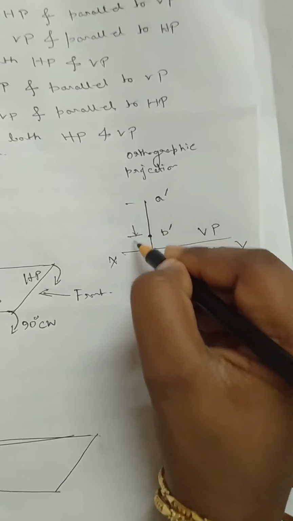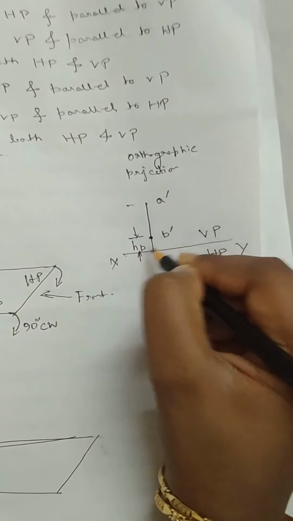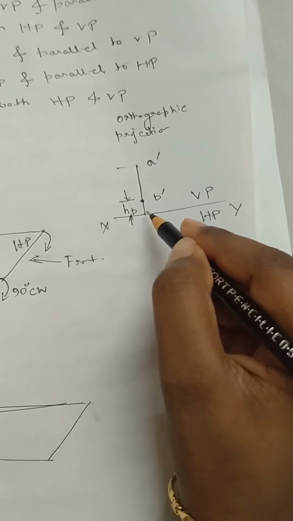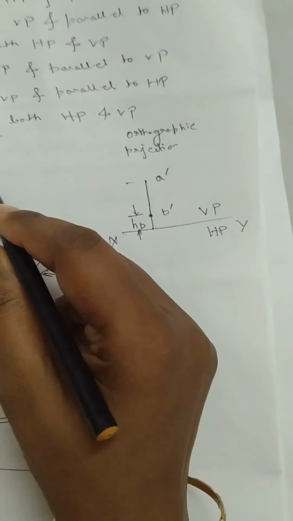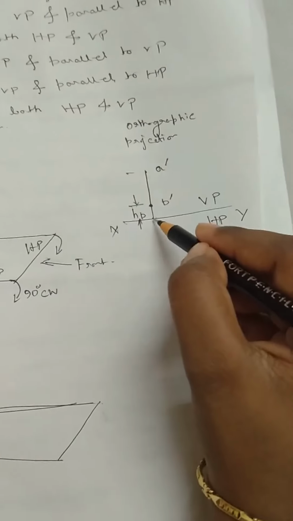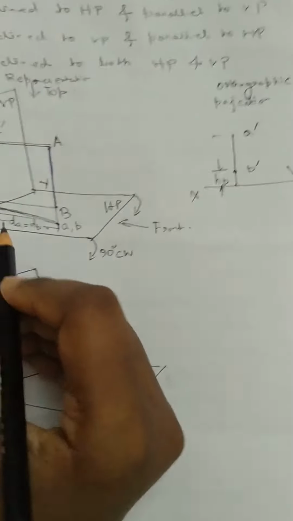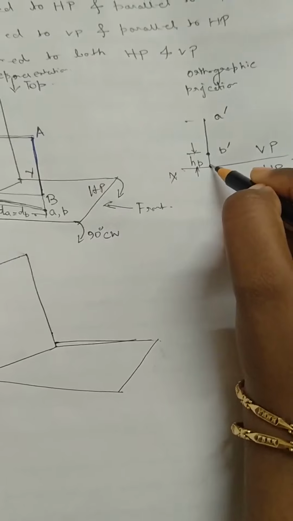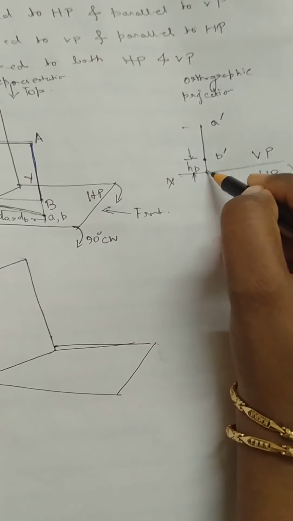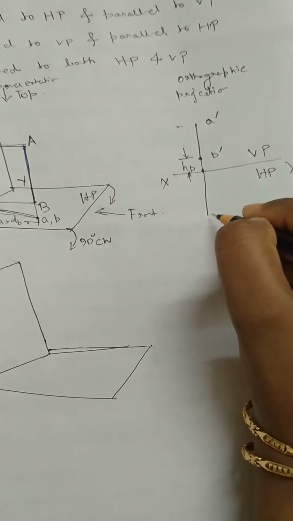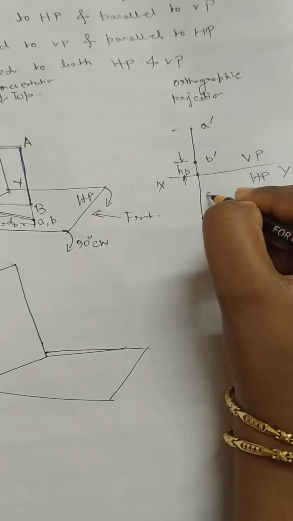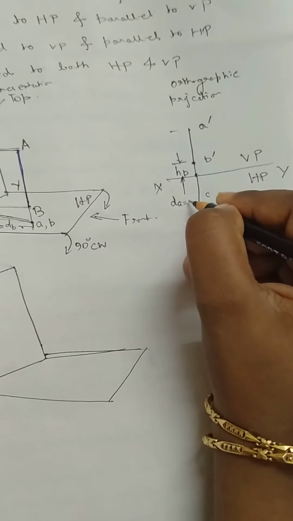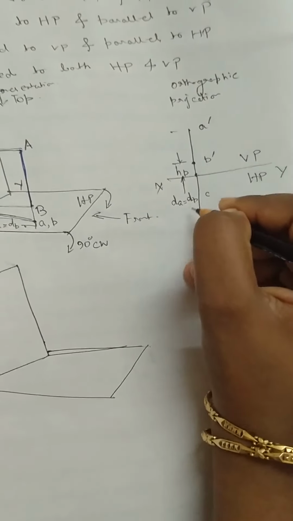So this length is HB. And what will be your top view? Top view is just a point, but its distance is already given. Actually, it will be given in your problem. We are just going to take this one as DA and DB.